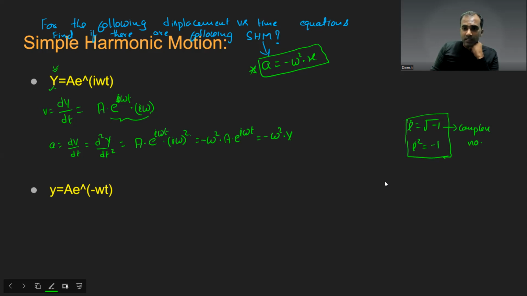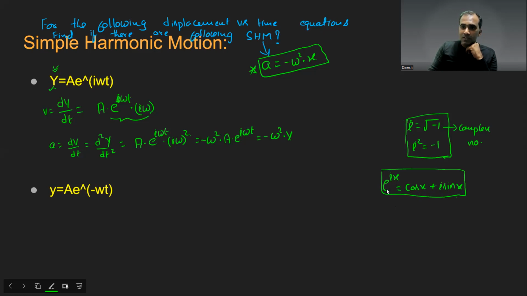And one more thing: have you heard of this? e power ix, can we write it as cos x plus i sin x? Are you aware of this basic? No, sir. Okay, you are not aware of this. Fine. When there is i in the power, then you can write it as cos x plus i sin x.